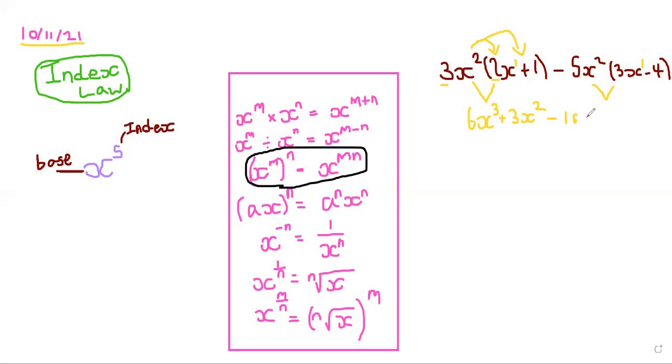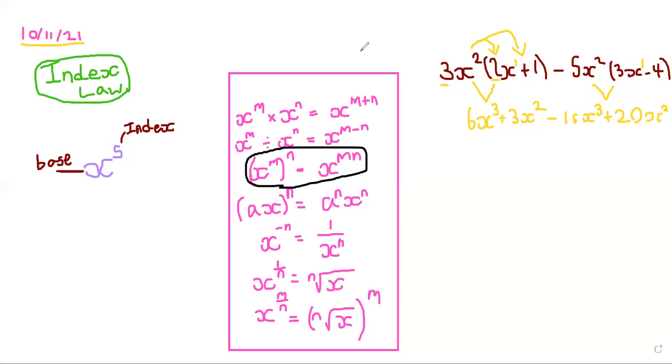So we get minus 15x to the 3. And then finally, we've got negative 5x squared times negative 4. Another important rule is that two negatives cancel out, so that'll become positive. So it'll be plus 20x squared.